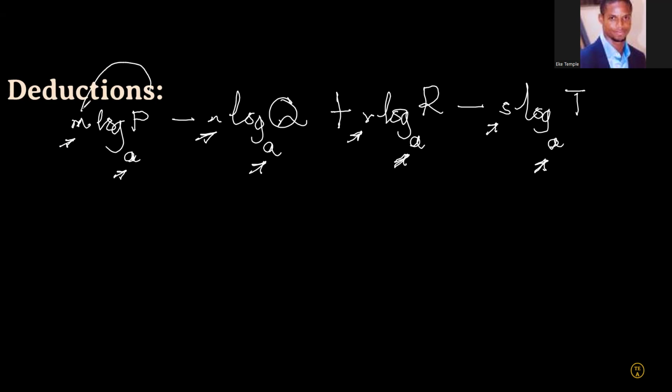Each must go onto the power position according to our law. Each number at the back of the log must take on the position of a power on each of the arguments.